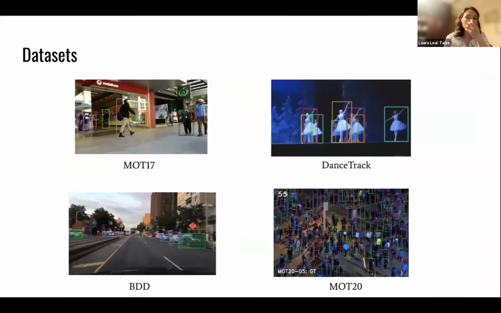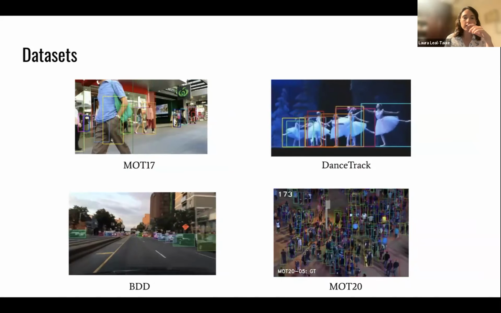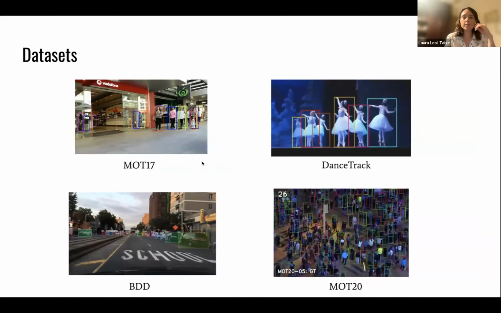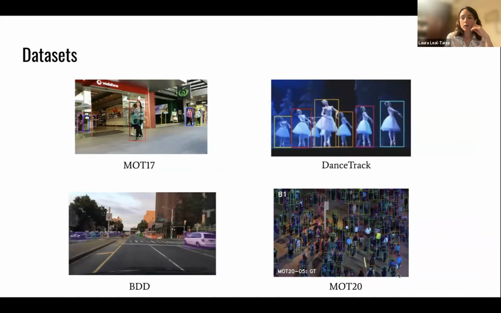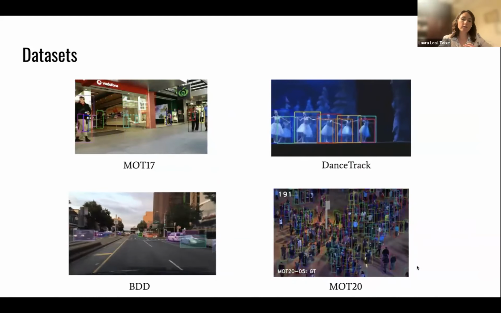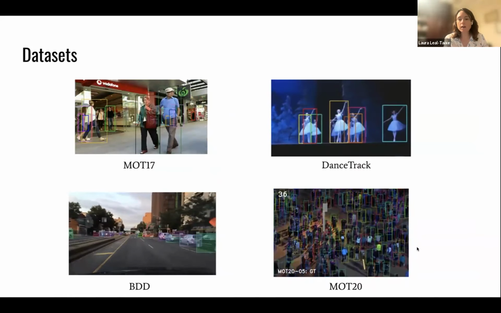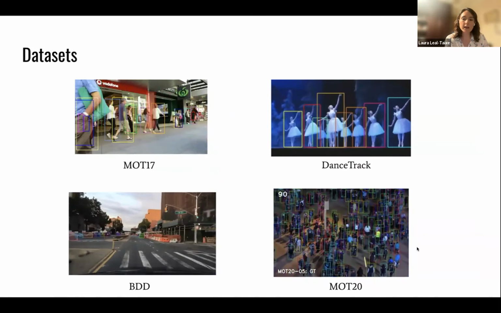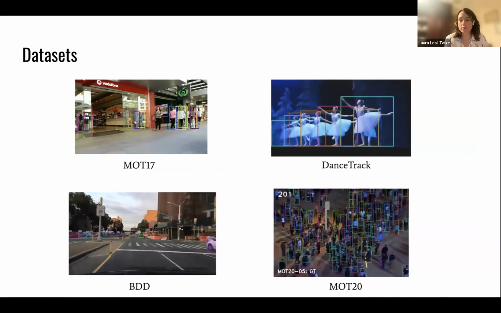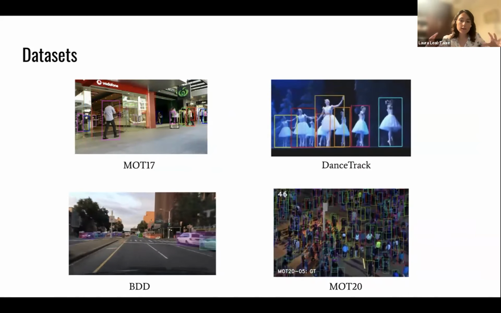As far as datasets go, we don't want to focus only on the MOT challenge. We work on MOT17, which is kind of the standard dataset of the MOT challenge. We also work on MOT20, which is this crazy dataset in which we have more than 100 objects per scene. You see here the level of crowdedness that we're working in. This is, of course, also a problem for graph trackers, because we need to create a graph that contains all these people.